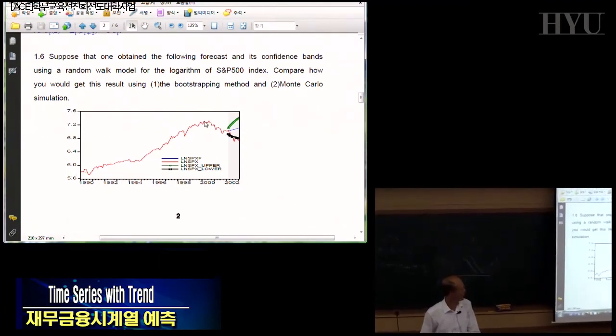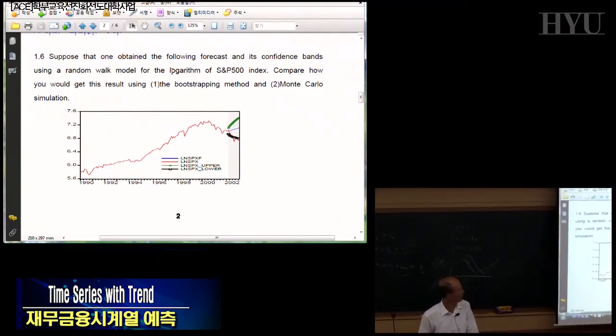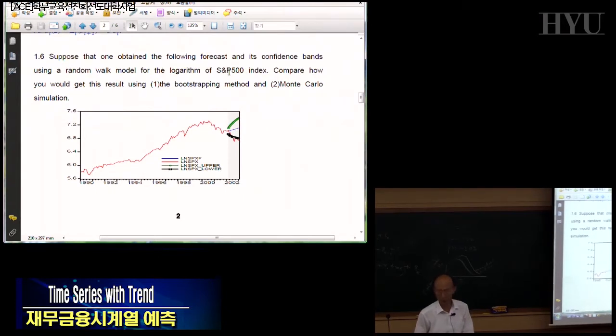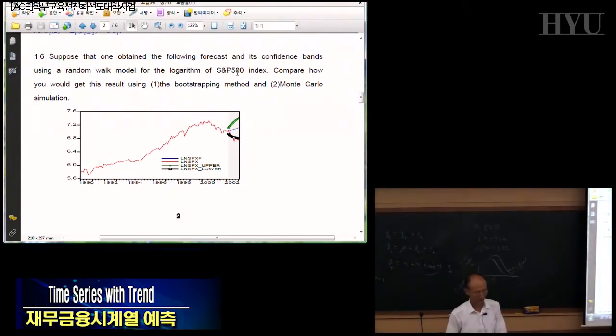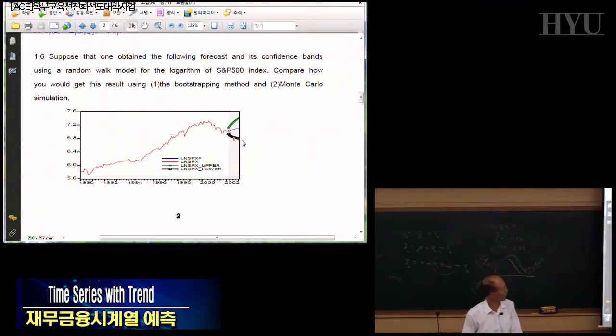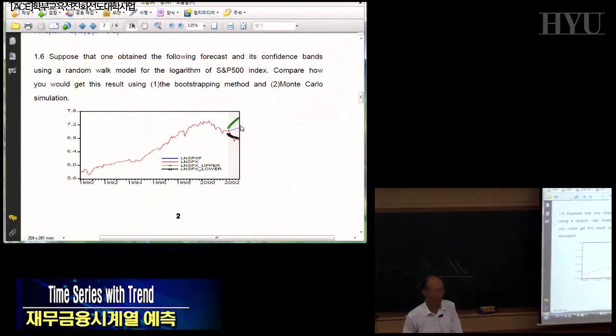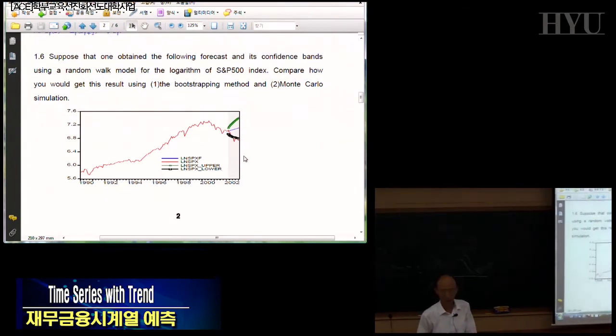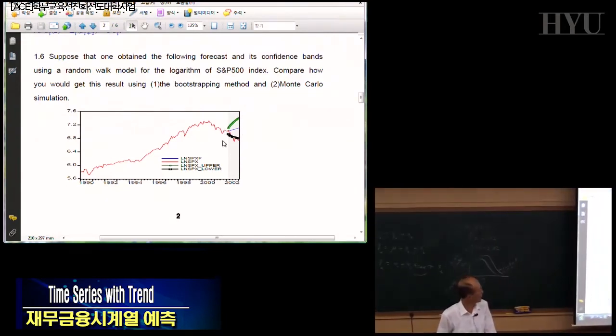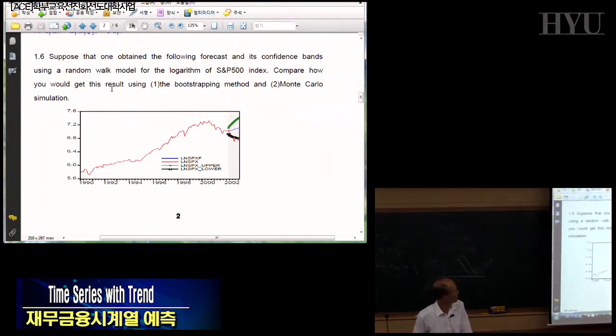Any example here? Let's say natural log of stock price index, and here it shows actual during out of sample period, and this is simulated mean and upper bound and lower bound. And the question asks how to get this result using bootstrapping and Monte Carlo.